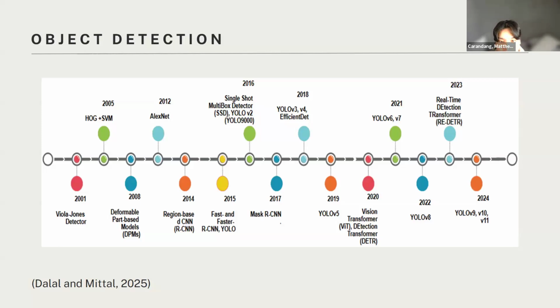And from there on, there's a trend that after AlexNet, it would be mostly convolutional neural networks, with the exception of vision transformers. So RCNN, which would be the next, is a two-stage deep learning detector, and followed by that, there are iterations of Fast and Faster RCNN.